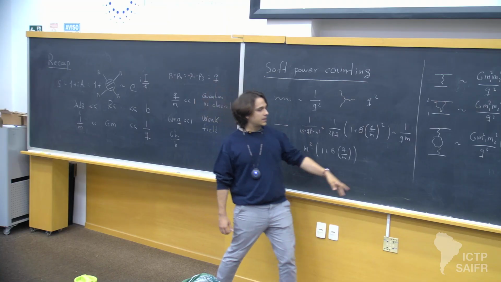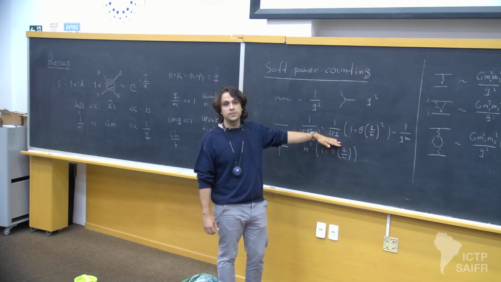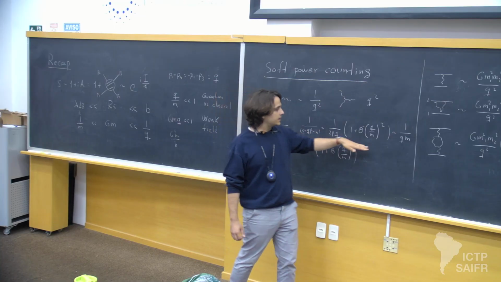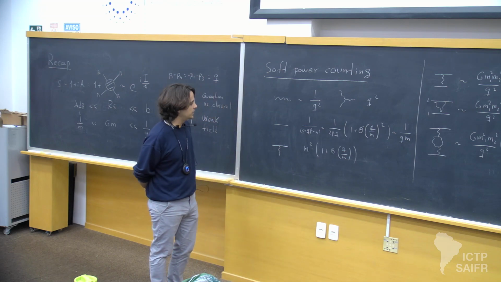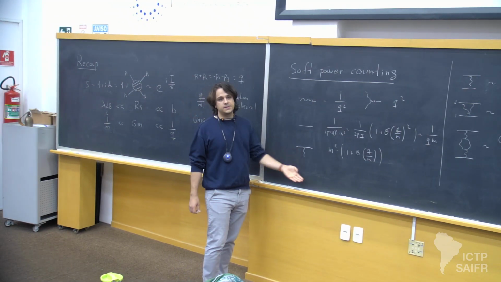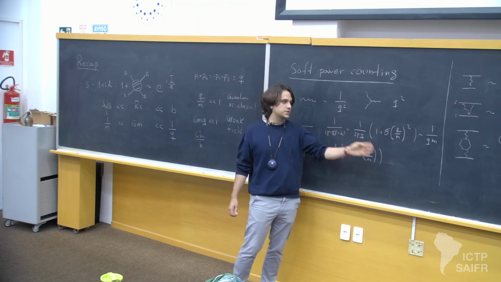So this went like 1/q times m, right? The leading order was p dot q, where p is of order m. And then for the vertices, we were just adding powers of the mass per vertex, but there could also be subleading corrections to this.